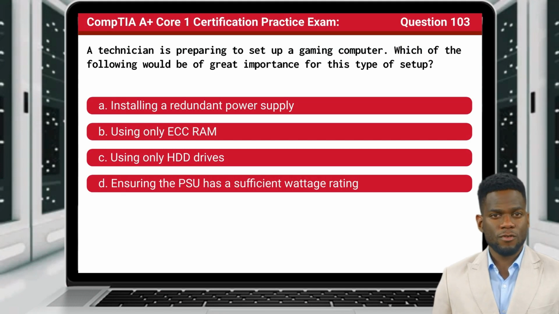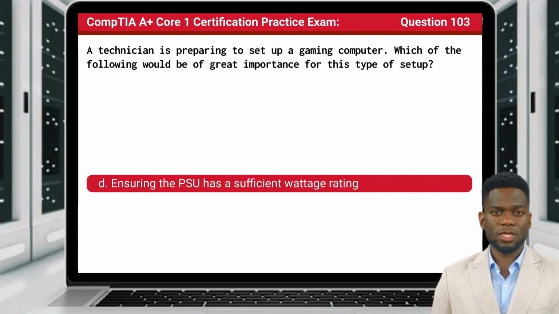Question 103. A technician is preparing to set up a gaming computer. Which of the following would be of great importance for this type of setup? The answer is D. Ensuring the PSU has a sufficient wattage rating.